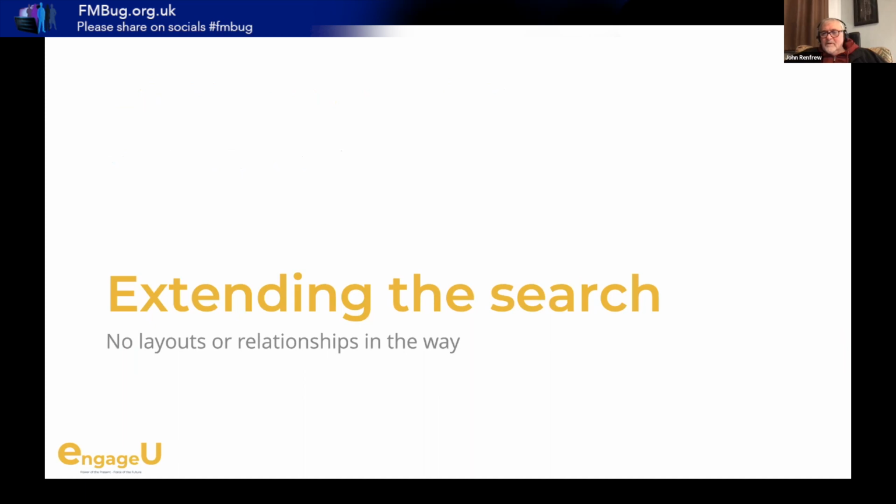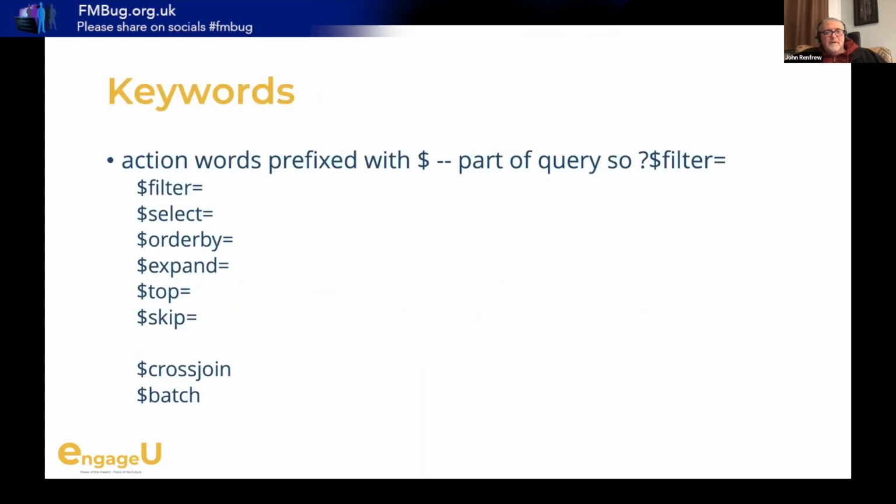So how to extend our searches in OData? I really did skip over this in the auto enter. Just a reminder that everything that we're doing goes into the URL. So we have some kind of URL followed by something that is a query as the second part of the URL.